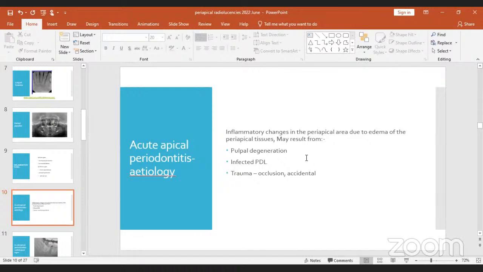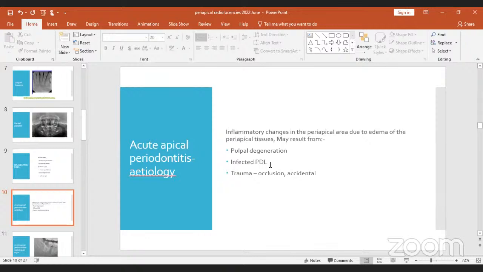These are inflammatory changes in the periapical area due to edema of the periapical tissues, and they may result from pulpal degeneration. This is after a patient has had a carious tooth, and then they get pulpitis, the pulp gets infected, and it starts degenerating, and the periapical tissues become inflamed.